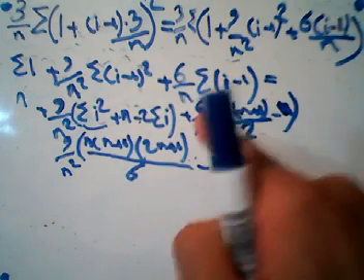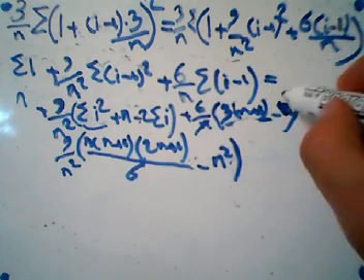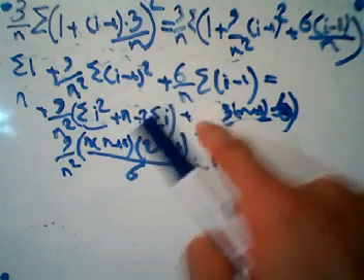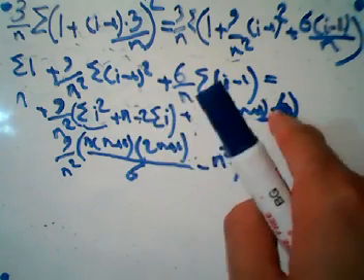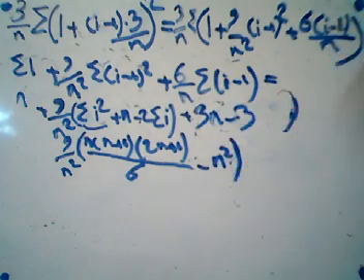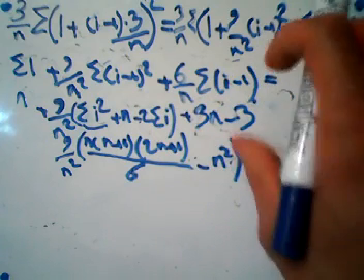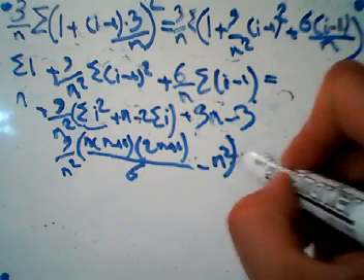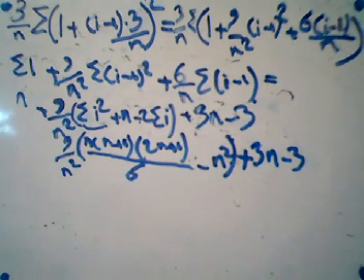That would be 3 here and 6 here. So this is 3n plus 3 minus 6, which would be 3n minus 3. Outside the parentheses, 3n minus 3.